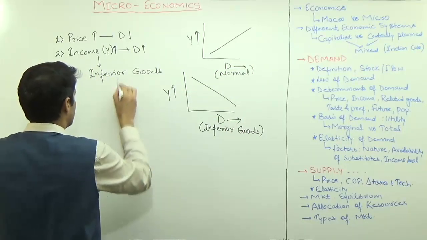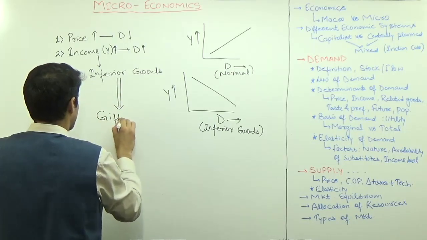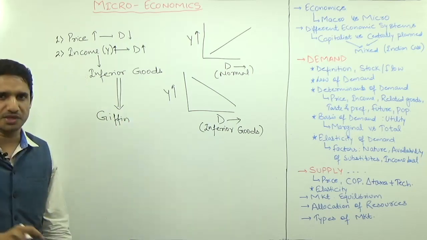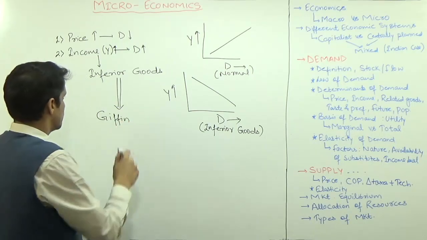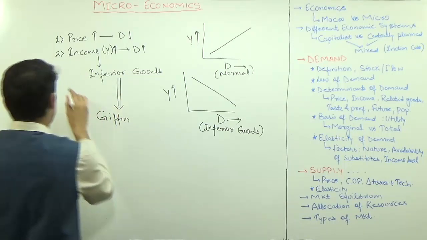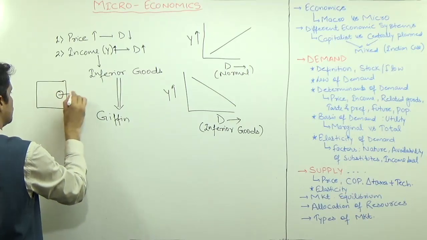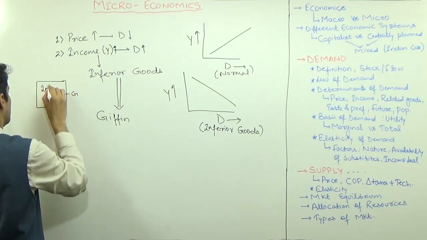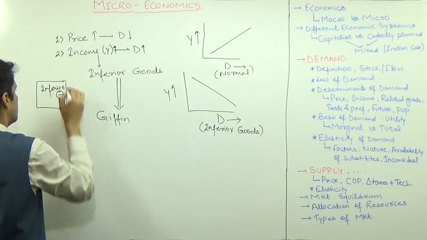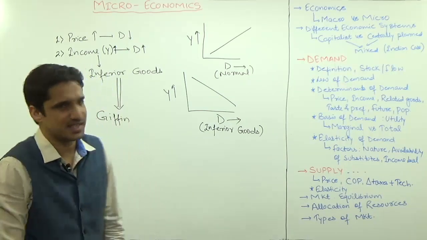Within these inferior goods, there are special types of goods known as Giffen goods. Sir Robert Giffen gave this concept during the 1930s. So if this is an inferior good, there will be some Giffen goods. It means all Giffen goods are inferior goods, but not vice versa.